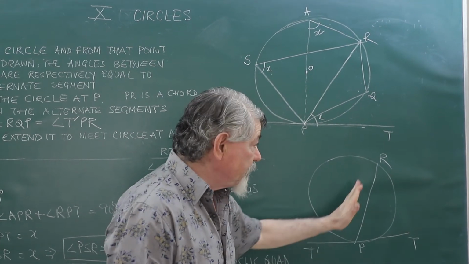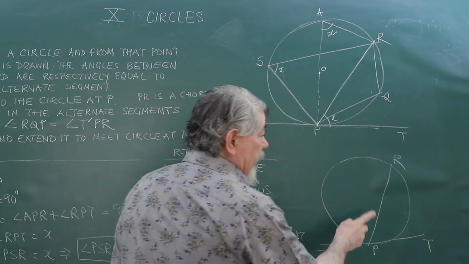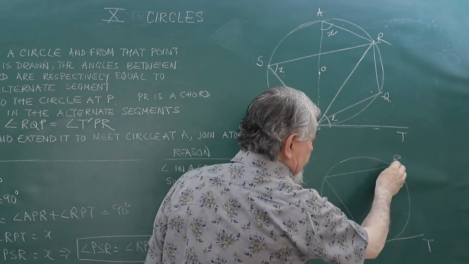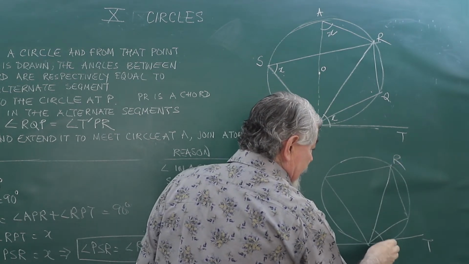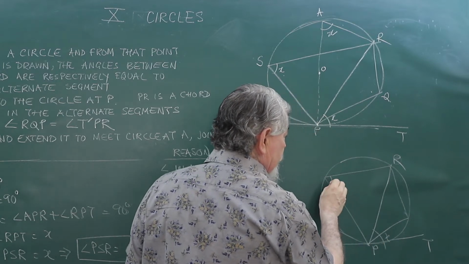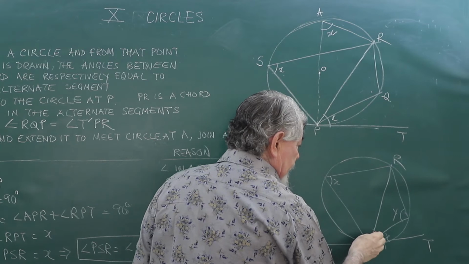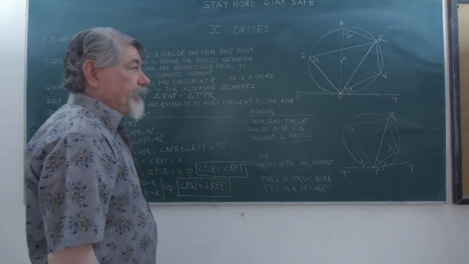There are two angles between the chord and the tangent. So there are two segments, one segment is this side, one segment is this side. So he says this angle X will be equal to this angle X, and this angle Y will be equal to this angle Y in the alternate segment.